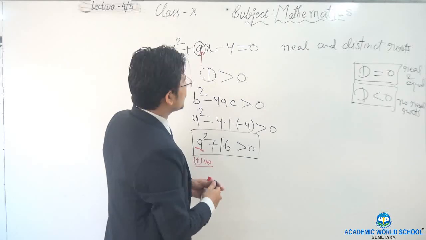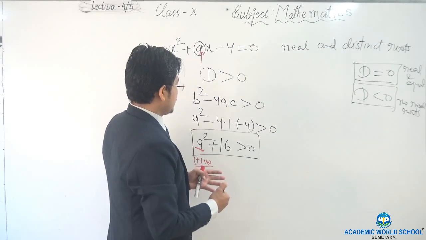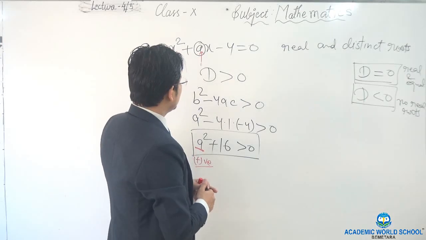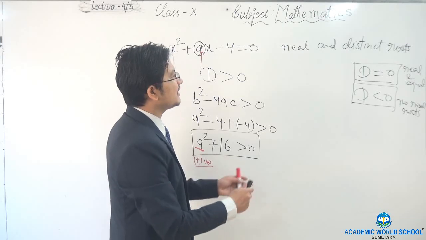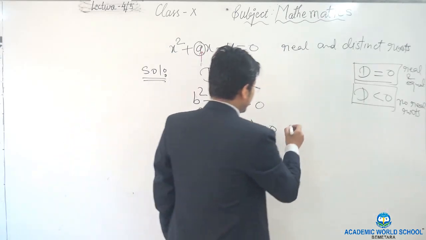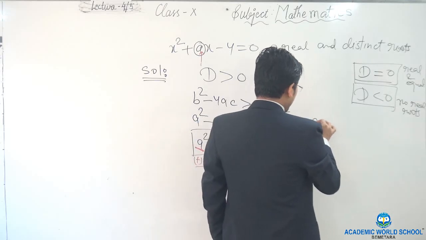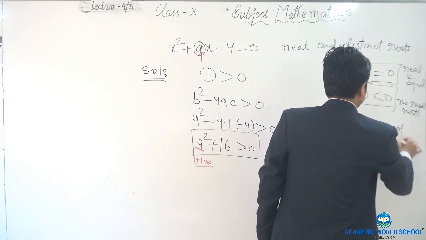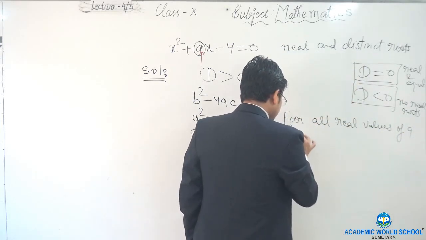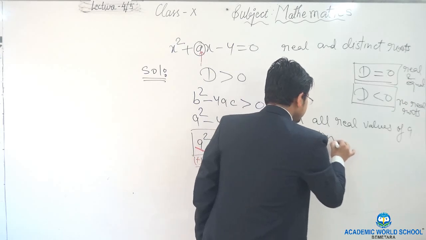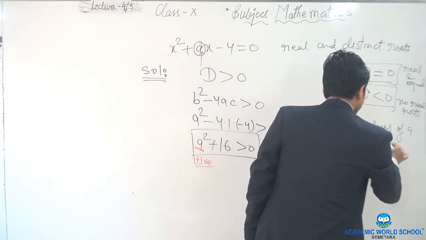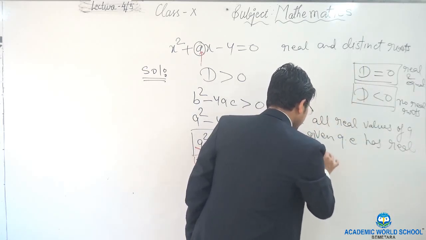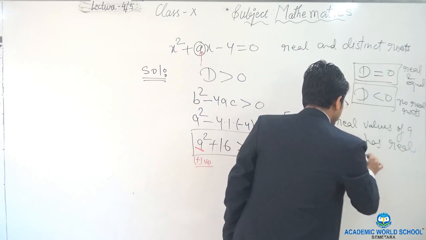for the distinct and real roots, what is the value of a? So, a can have any real value. For all real values of a, the given quadratic equation has real and distinct roots.